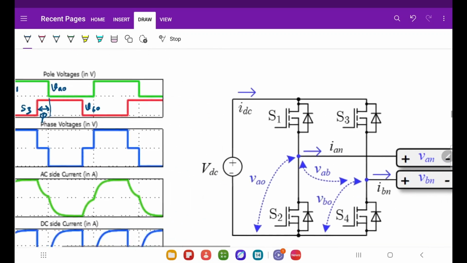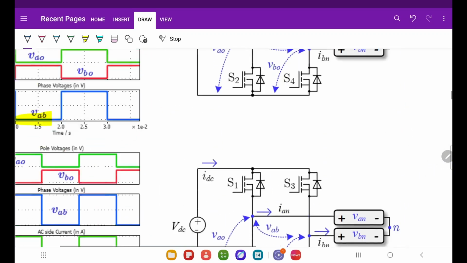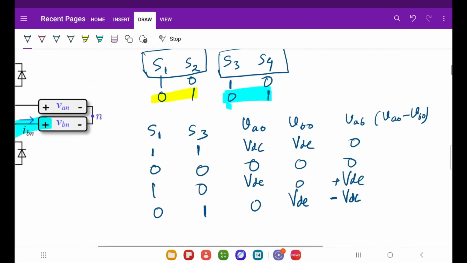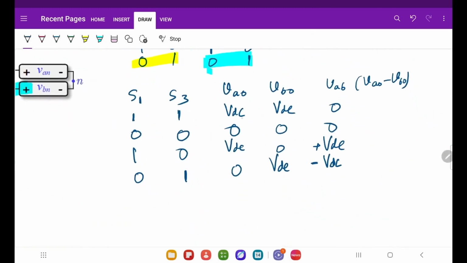Previously we saw that when you check VAO, whenever S1 is 1 you get VDC, and whenever S1 is 0 you get 0. For VBO, let me highlight: this is yellow and this is also yellow, so they correspond to each other. Similarly, S3 is related to VBO.